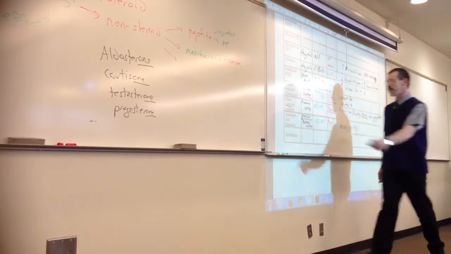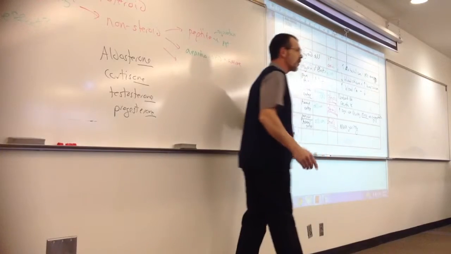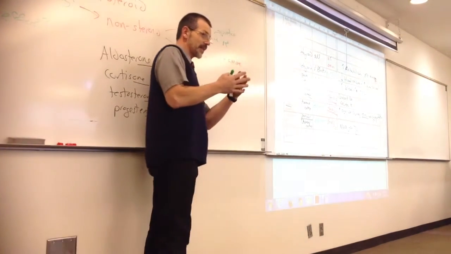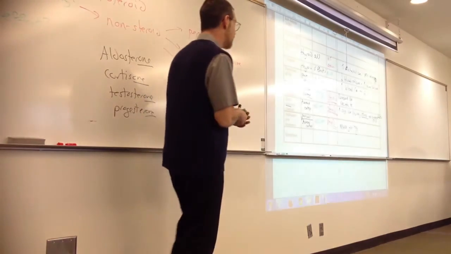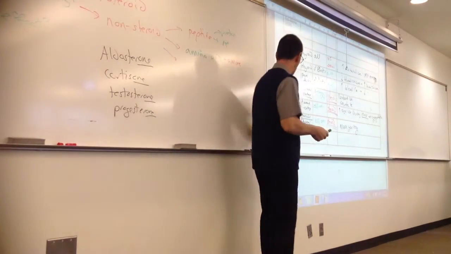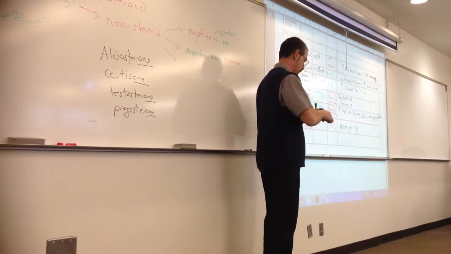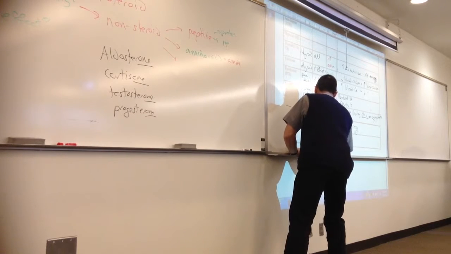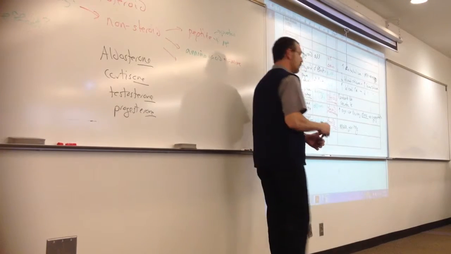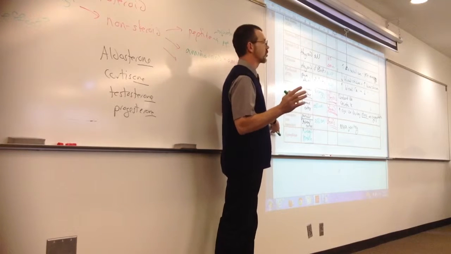Okay, let's do epinephrine. You learned that in the autonomic system as a neurotransmitter, but it also exists as a hormone. This is pretty much the same thing. So where is epinephrine from? Adrenal medulla, which means the middle part. So still the adrenal gland, but at different parts we call it a different source.